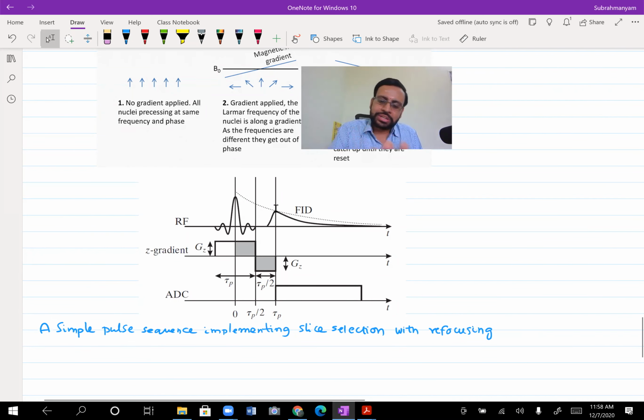Then you stop the signal, and there is only force in the z direction, so it starts coming back into the z-axis again, this field keeps rotating. Free induction decay or T2 relaxation is what we are showing there, and during this free induction decay you would be capturing your signal. So this is analog to digital conversion. At regular intervals of time you could take measurements of this free induction decay for that particular slice.